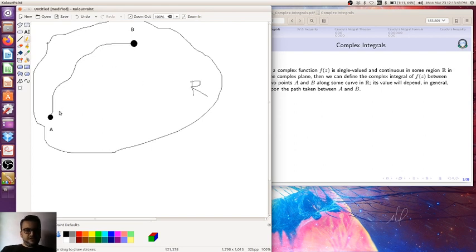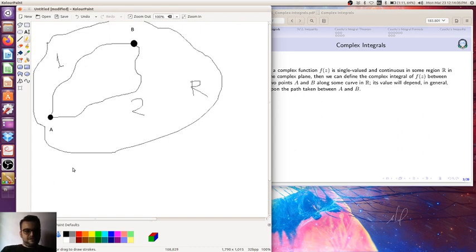Then I find out the value of the integral of the function along this path. Let's say this is path number 1. Then I take another path using the 2 points again as starting and end points. I call this path number 2, and again I find out the value of the integral along this path.